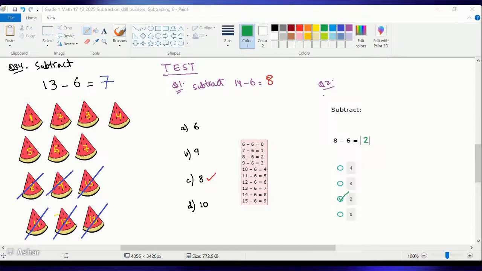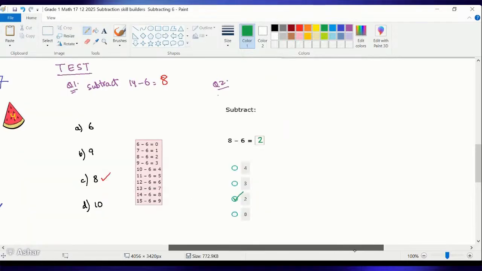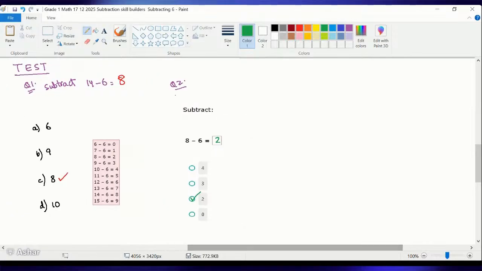Okay, question number 1. Okay, let's go back. Let's do question number 3. Let's start with the test. Just a minute, please. The next question I have says subtract 10 minus 6.